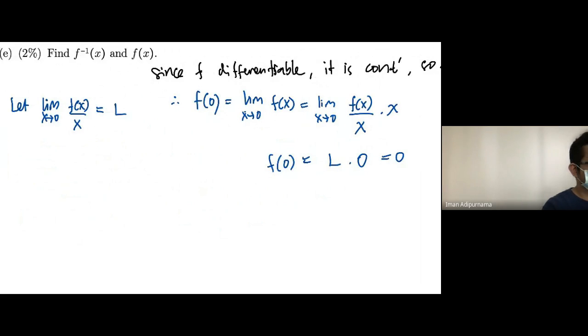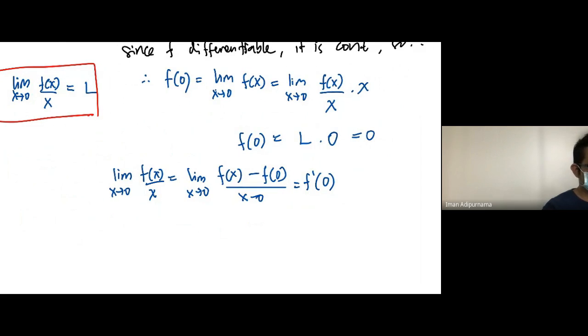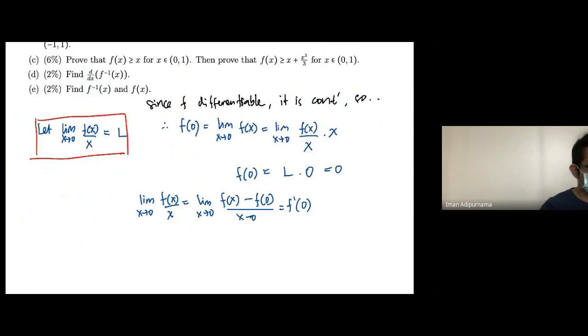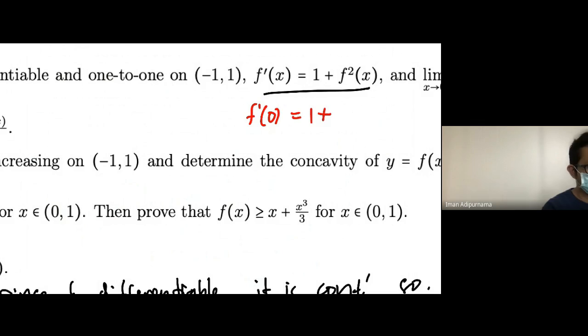This is important here: let the limit be some constant. And since this is differentiable, we can say this is f prime of 0, which, if we look here, is 1 plus f of 0 squared, right?